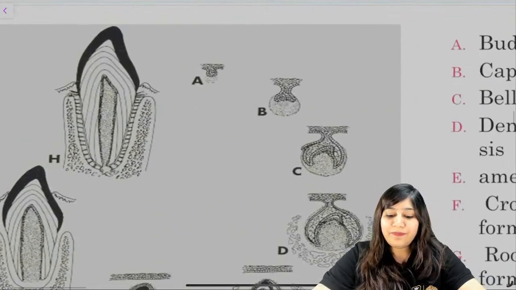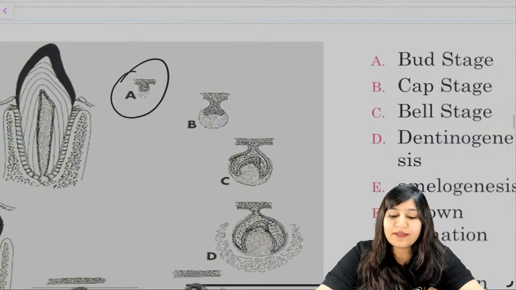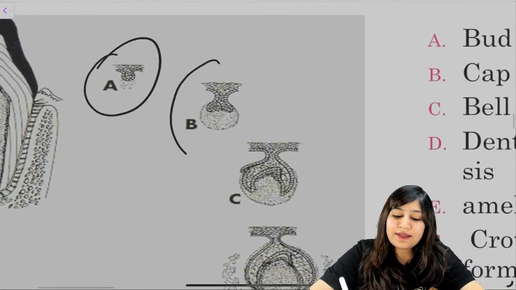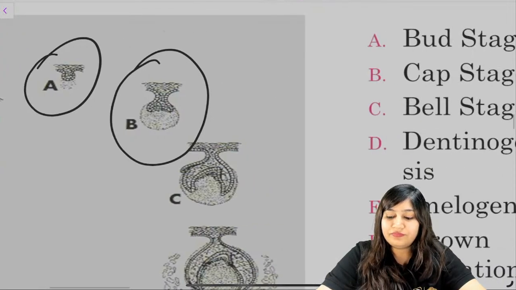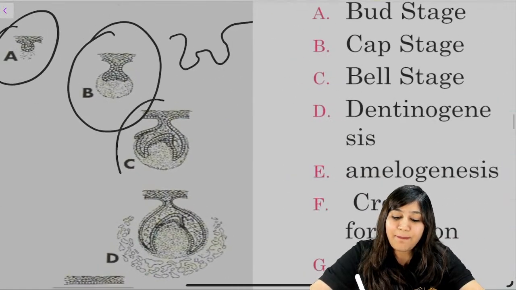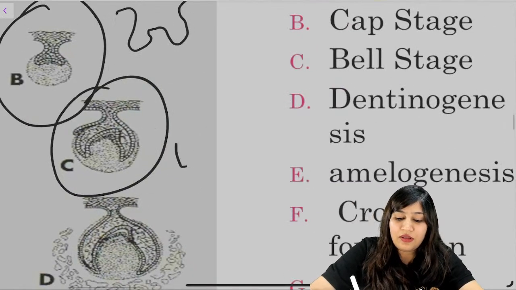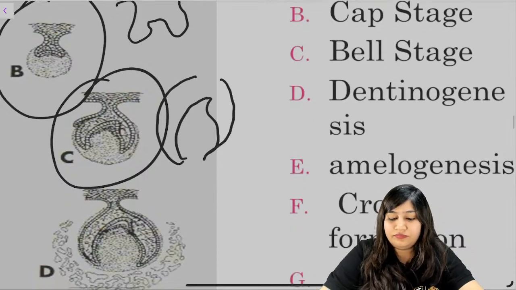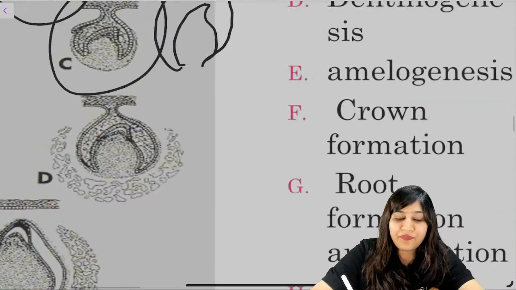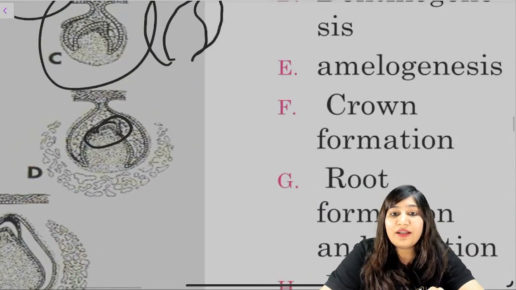In this diagram we can see A is bud stage, B is cap stage in the form of a cap, C is bell stage, bell like, right? Then here we can see formation of one hard tissue, that is our dentine.